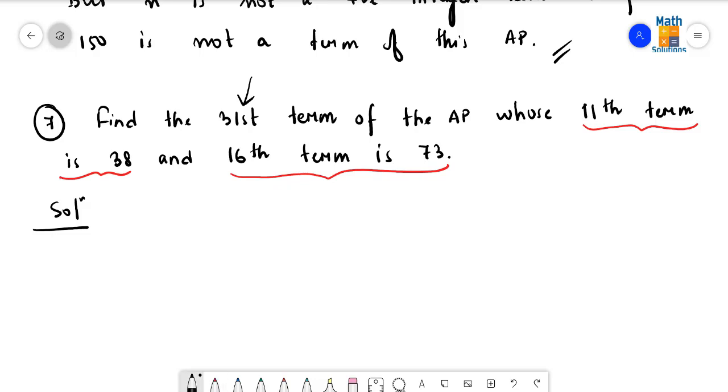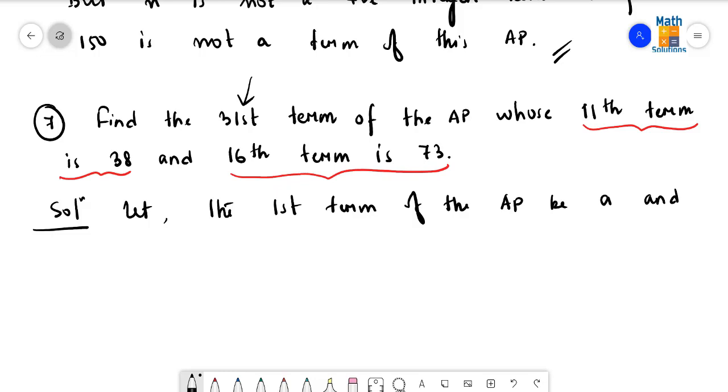So here in this case I am going to write, actually first assumption we have to make: let the first term of the AP be small letter a and the common difference be small d.